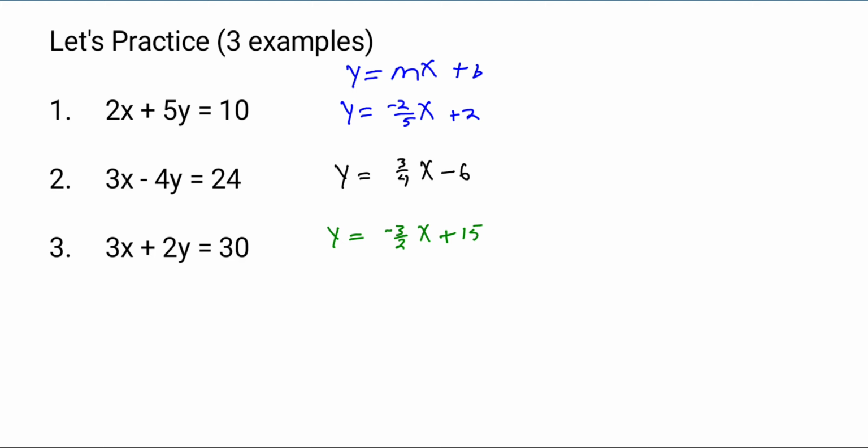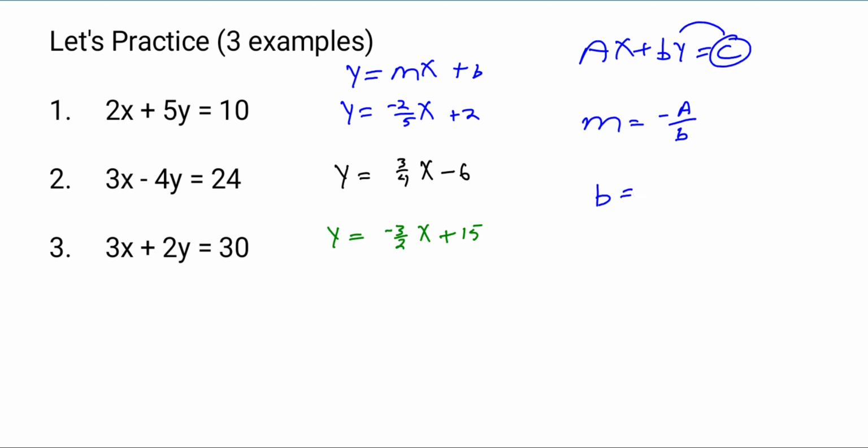So let me write some little notes here. If I've got ax plus by, so let's make a little b, equals c, then m equals negative a over b, and the y-intercept itself is going to be c over b.